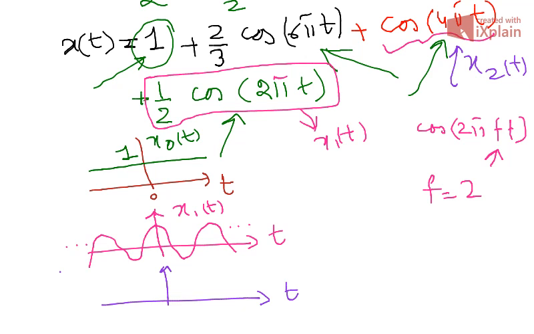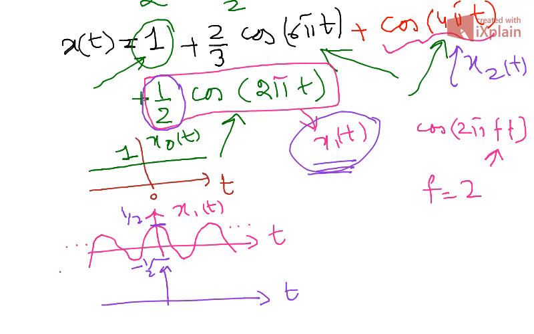Now, keep in mind, for x1 of t this amplitude is 1/2, so the peak here is half, so it oscillates between half and minus half, right?